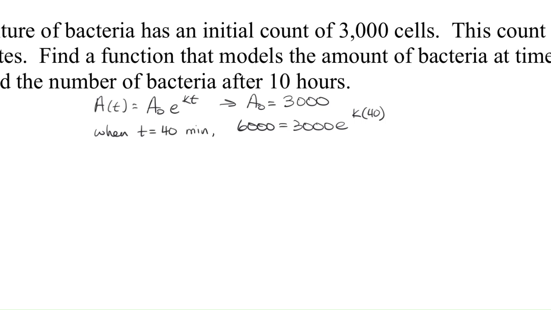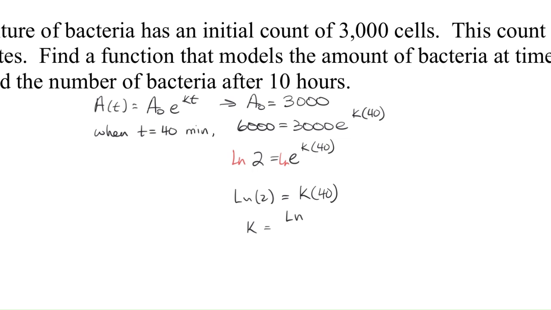So now we can solve for k. If we divide by 3,000, divide by 3,000 over here, get 2. If we then do natural log, then the natural log of 2 is equal to k times 40.